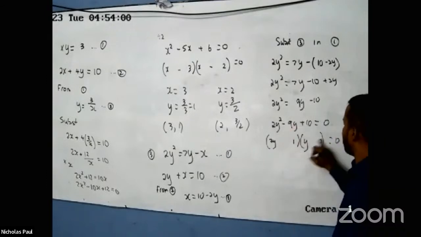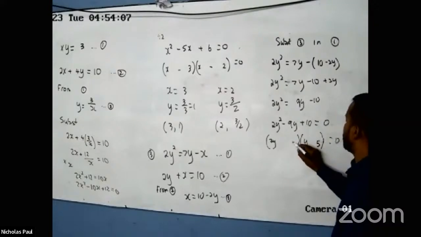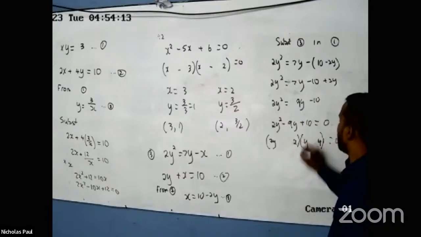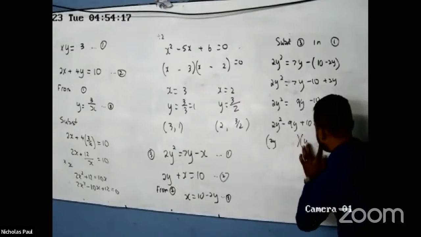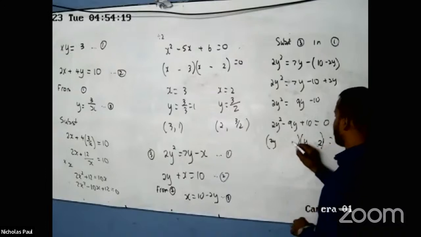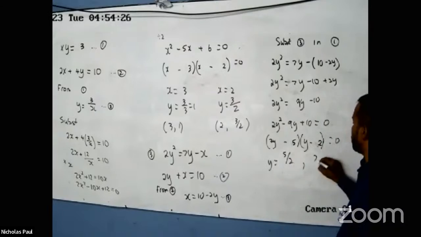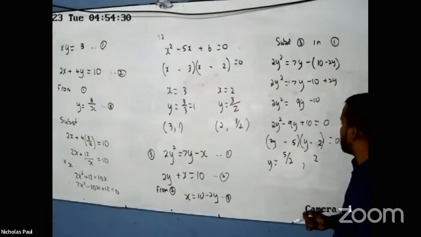Wait, only get 9, sorry. So you can probably use 5 here and 2 here. You can use 4 and 2. So you'll get y is equal to 5 over 2 and 2. Okay, y is 5 over 2 and 2.